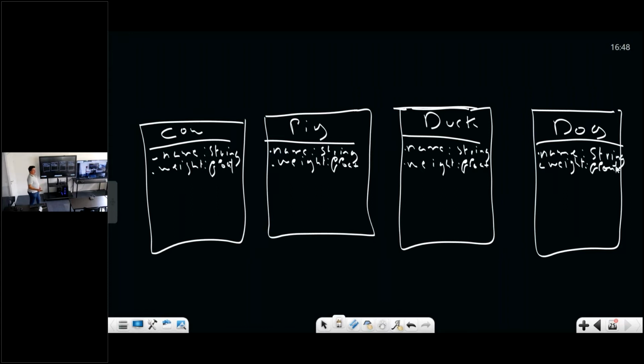So what describes our animals, and so our cow, our pig, our ducks, and our dogs.